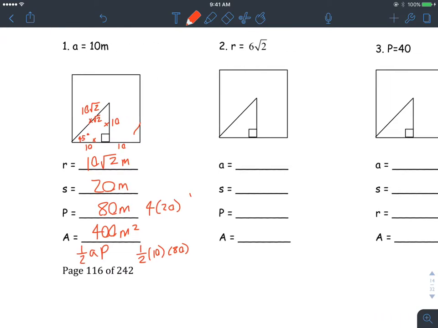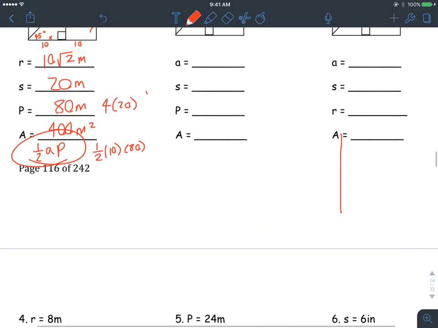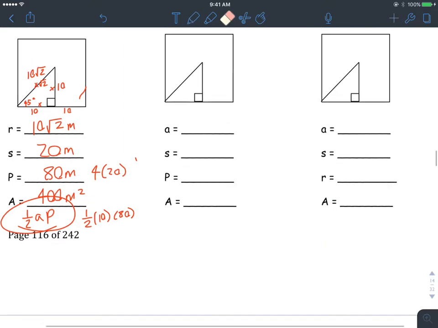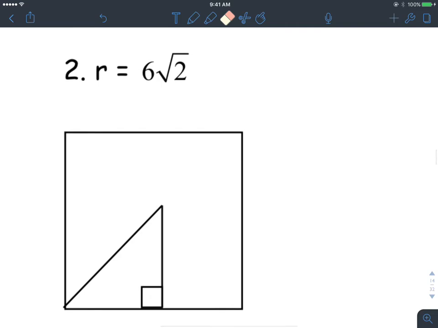And there you go. So the 1/2 AP is not as useful on the squares because there's honestly an easier way to find the area of squares, but once we get to these examples down here on the next page, it'll become a little bit more useful on those. So anyways, let's try this one here. Notice the radius is 6 square root of 2.